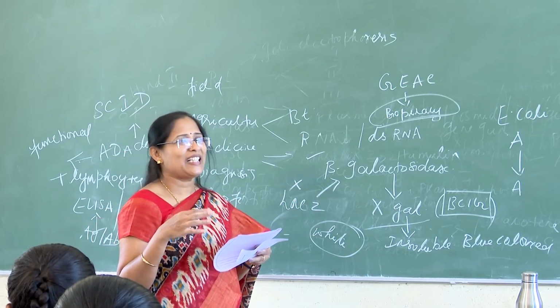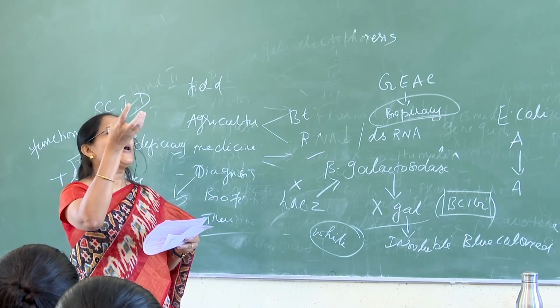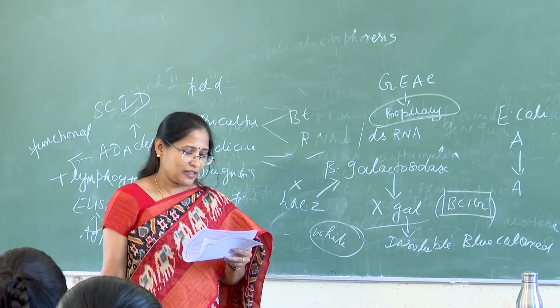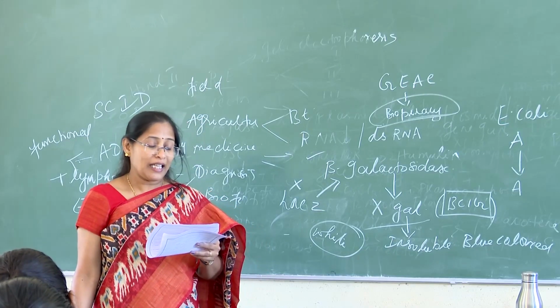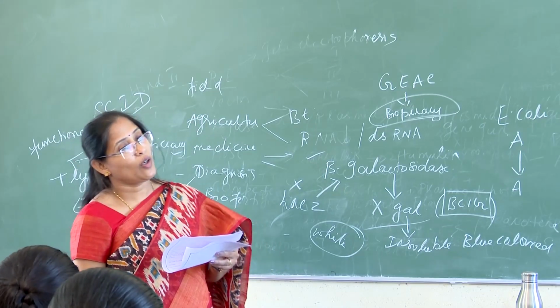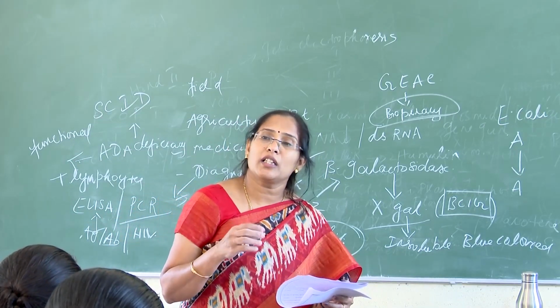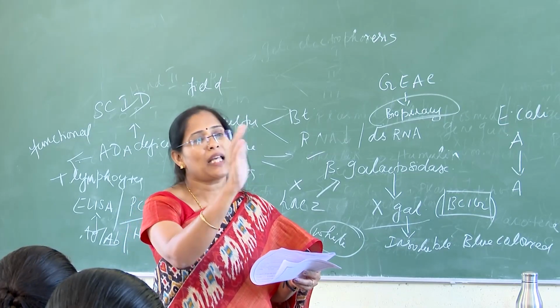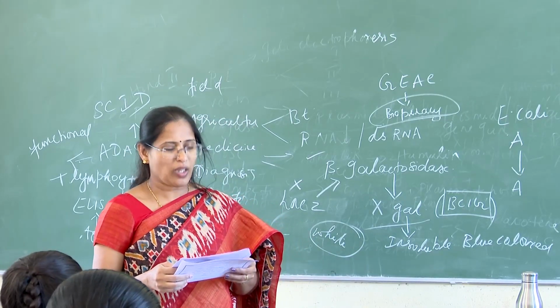It's a practical, right? We add ethanol, DNA will precipitate out and come. Got it? We add chilled ethanol. And they may ask sometimes, why chilled ethanol? If you don't add the chilled ethanol, the stability of the DNA will be lost. To stabilize the DNA. Got it? What are histones then?